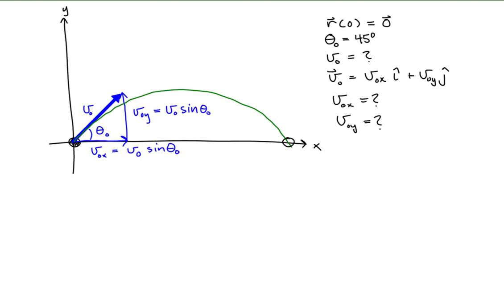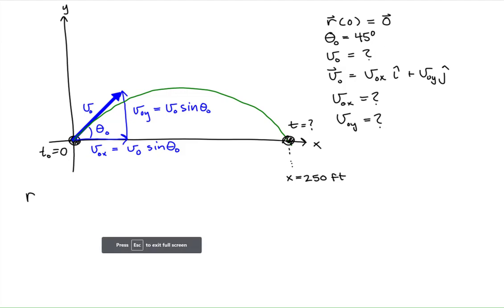So at some later point in time, which we'll call t, with the initial position at the origin at t naught equals 0, at some later moment in time, which we don't know, the object will have traveled 250 feet. Let's see if we have enough information to determine the initial velocity of this object.